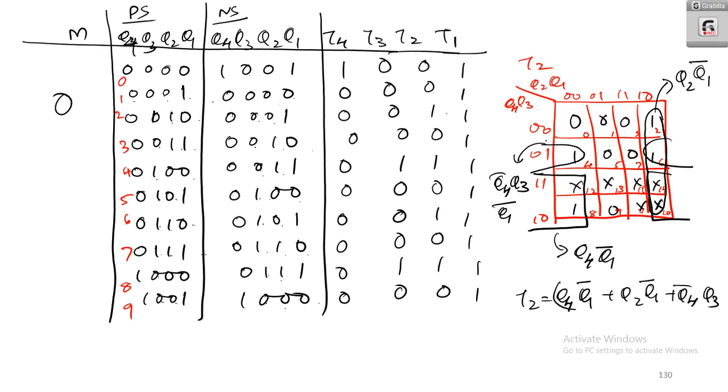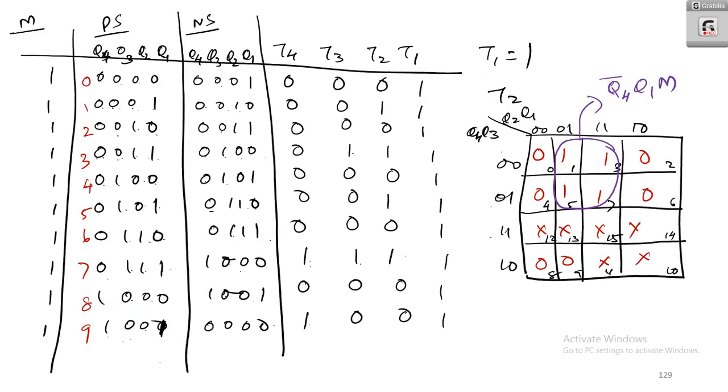This happens when M is equal to 0. So you should write M bar along with it.